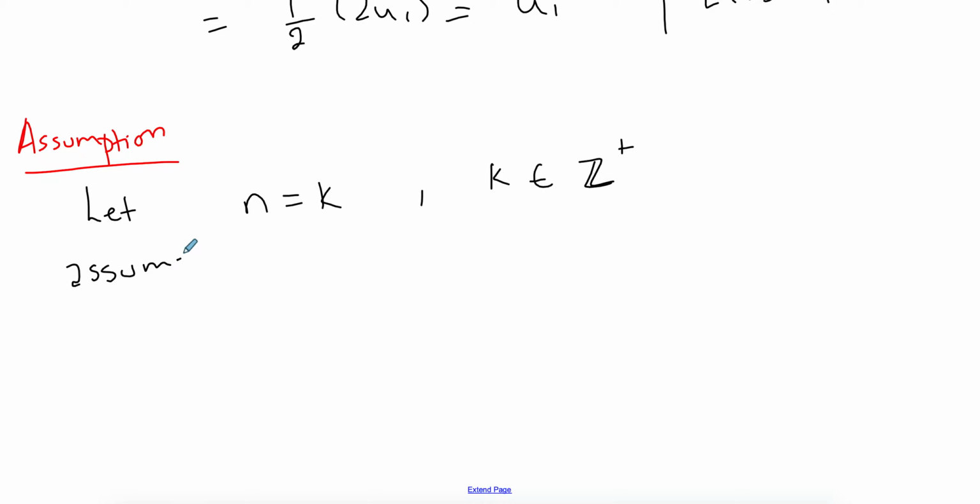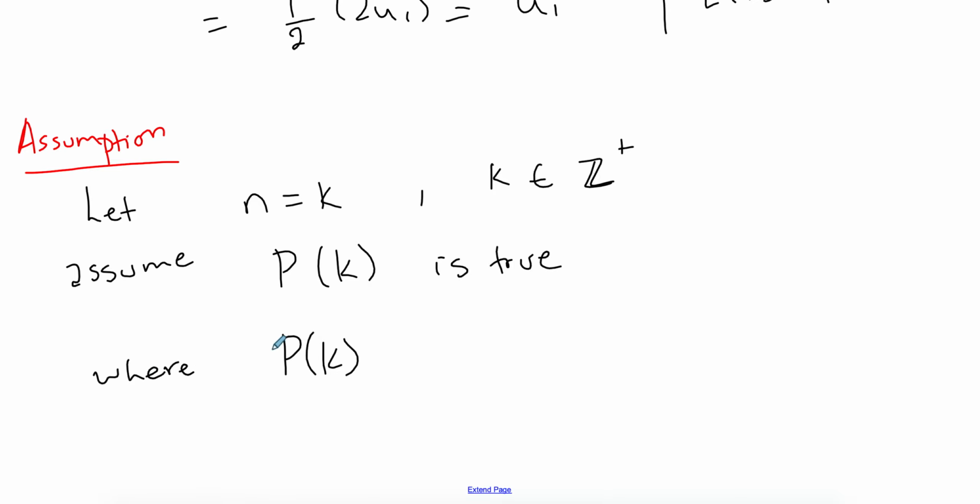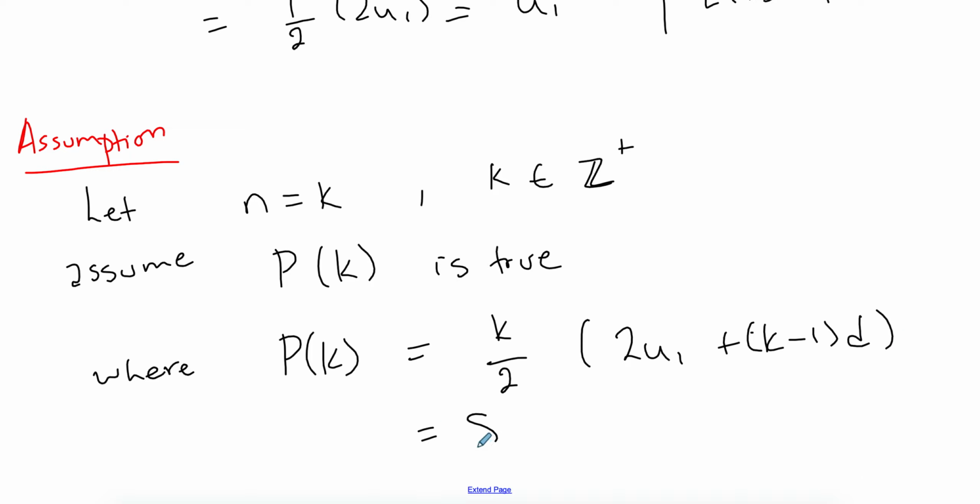So we're going to assume that Pk is true, where Pk is k over 2 (2u1 plus (k minus 1)d), which is Sk.